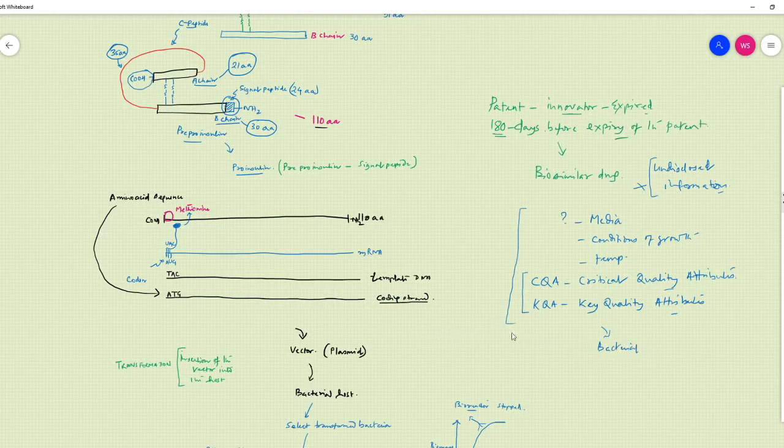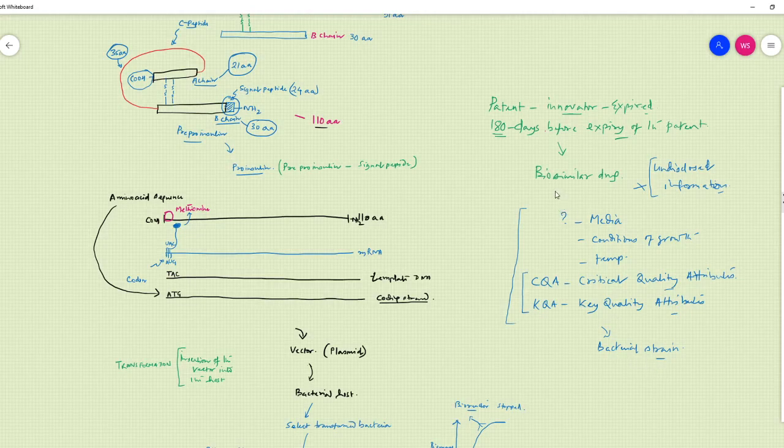Because we have taken the example of insulin. So which strain exactly? It's not known. The information about the pilot studies may not be complete. The issues related with scale up may not be fully disclosed.